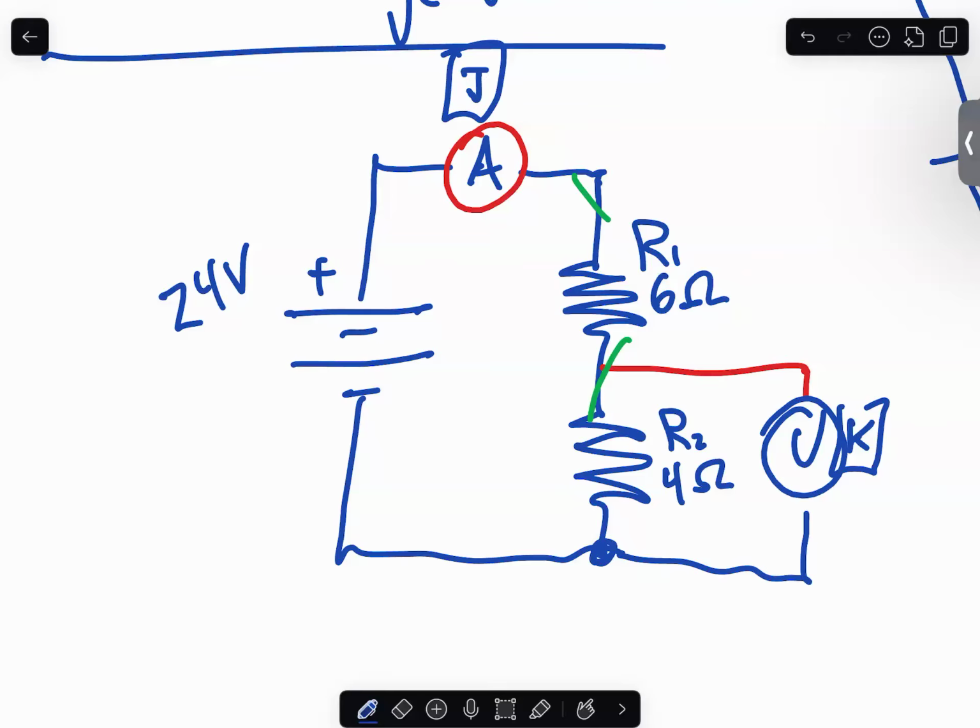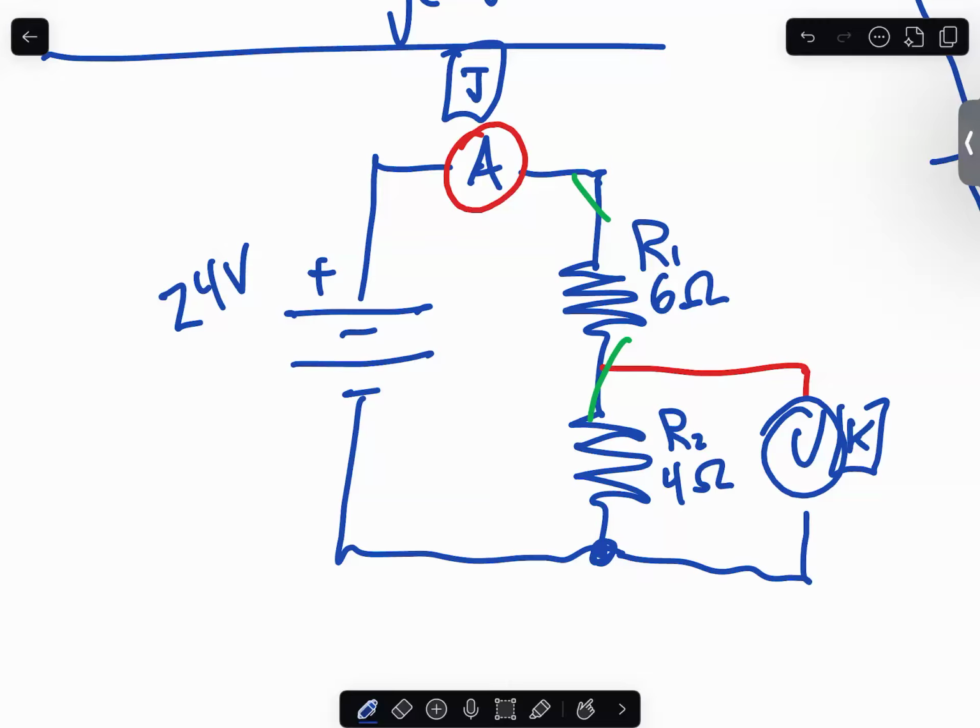R2 is. If the lower resistor becomes a billion ohms, that's the thing that's blocking up the pressure difference. That's the thing that feels the 24 volts. A billion divided by a billion plus 6, right?